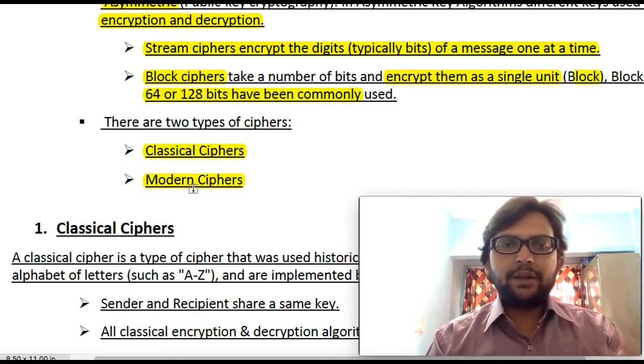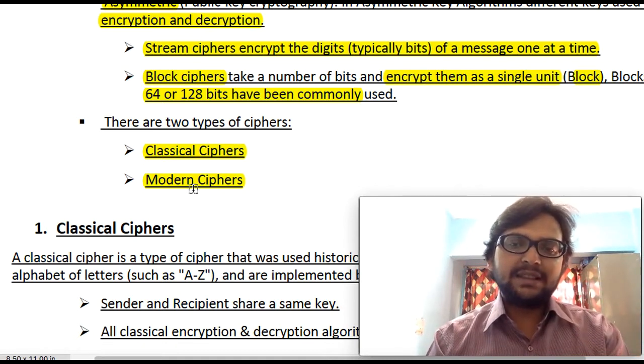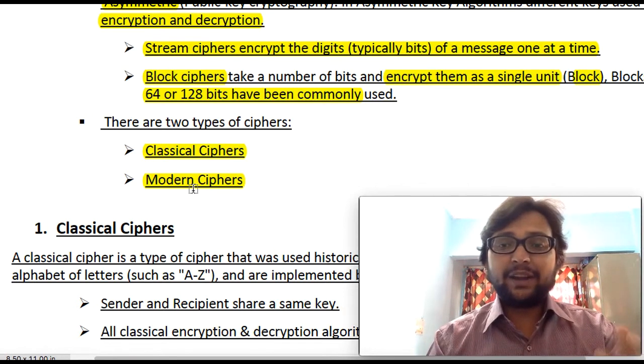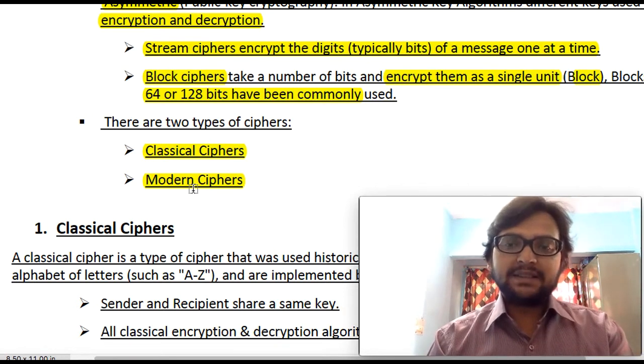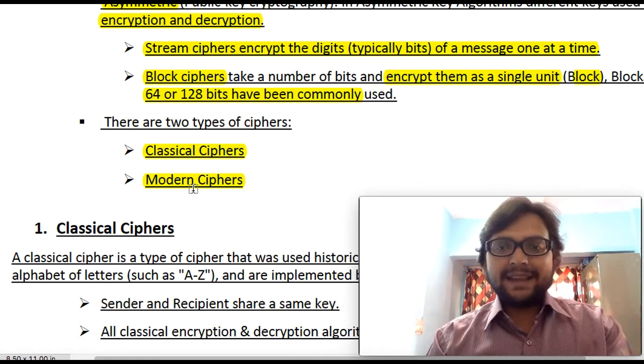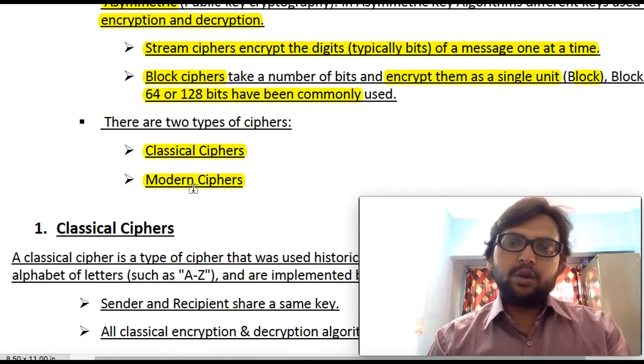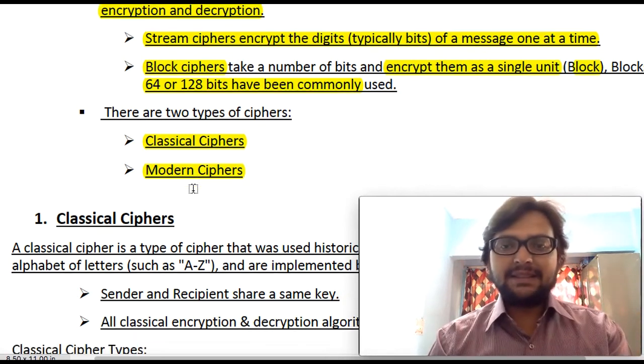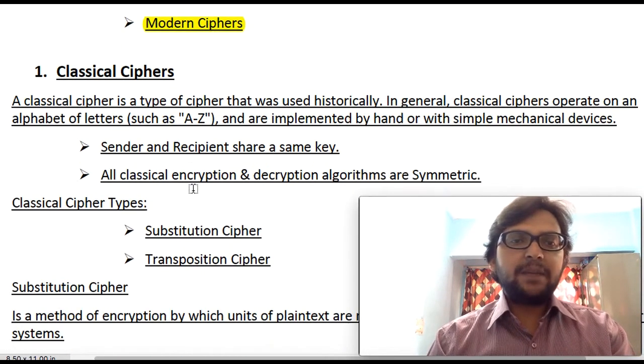So if I encrypt my message using this type of algorithm, it is very easy for anyone to decrypt those messages. So we just take the basic idea from this classical algorithm and then we use some modern algorithm to actually encrypt our message. So let's discuss what we mean by classical cipher.